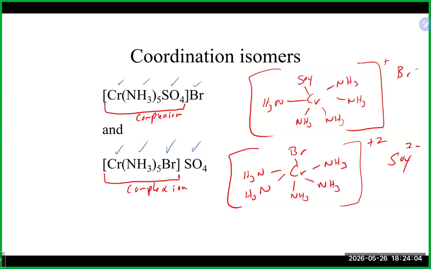So the difference with coordination isomers is, again, as you can see, it has really the same components, really the same formula in terms of what is present. But in one case, one of the ligands is attached to the complex ion, and the other is the counter ion. And then there's a switcheroo there. The one that was originally the ligand is now the counter ion, and the other is the ligand. Any questions on that difference there?